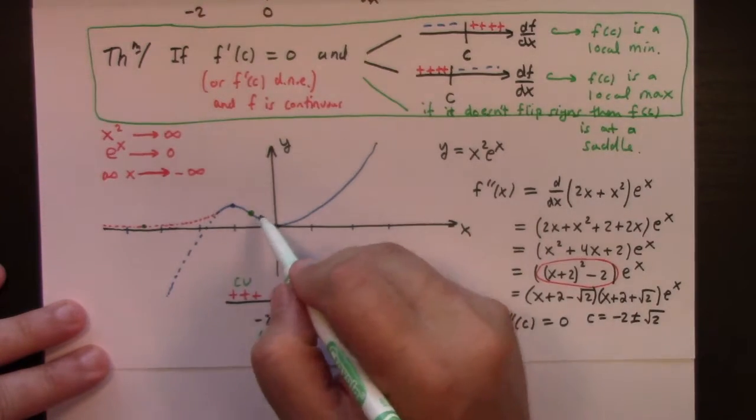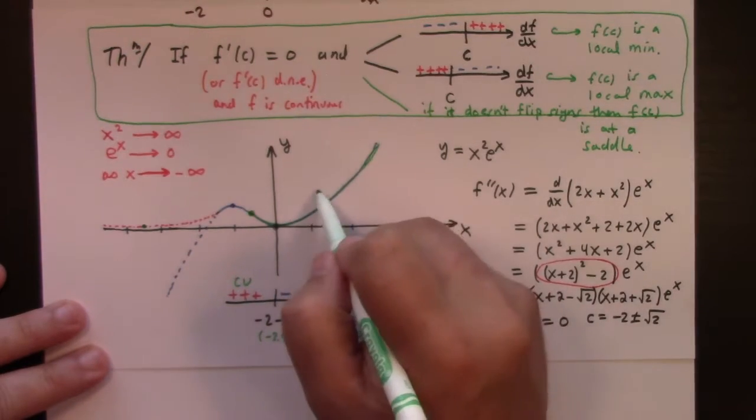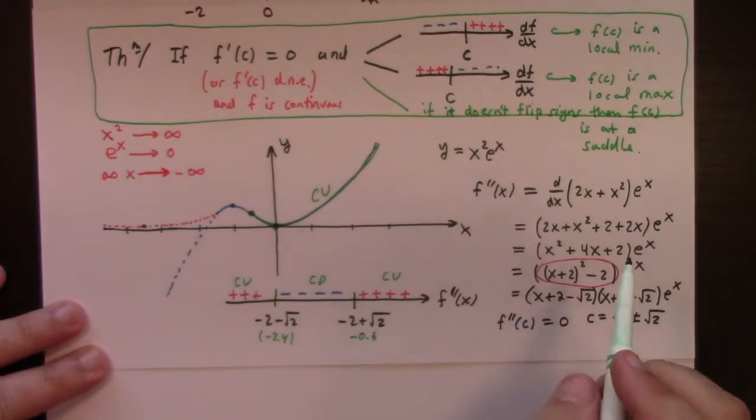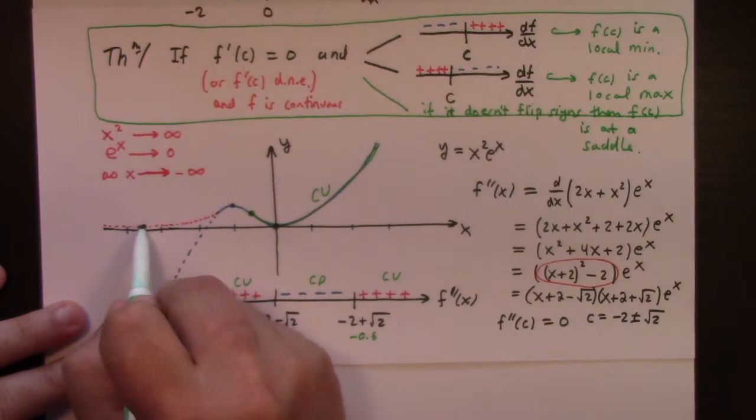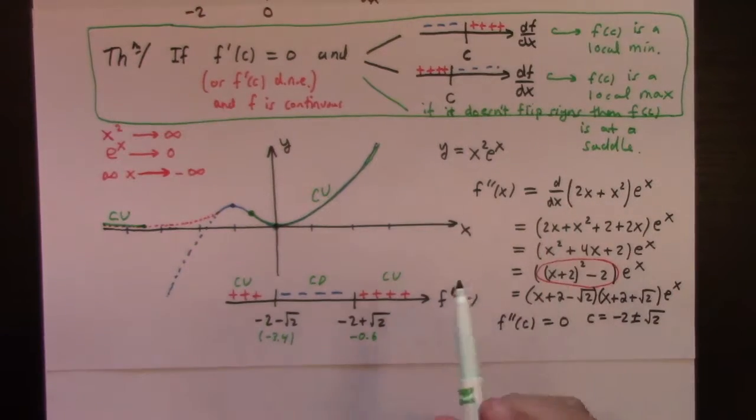So what I'm saying is that this part right here is concave up, right? And this part over here is concave up. You can see my graph isn't quite right. This is a point of inflection, right?